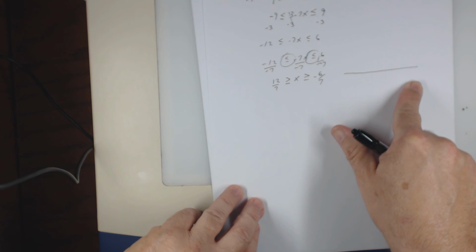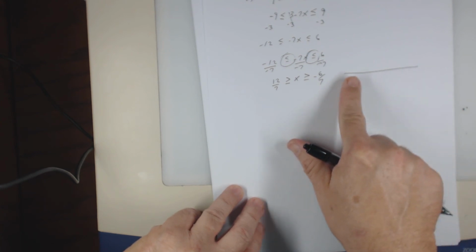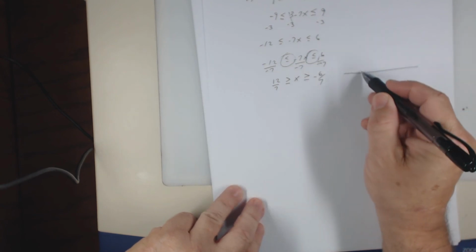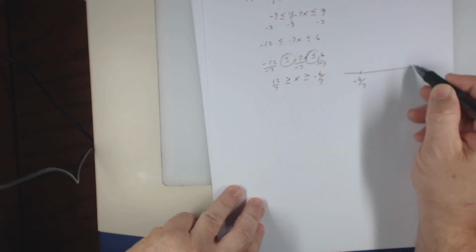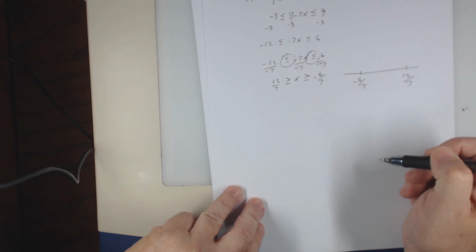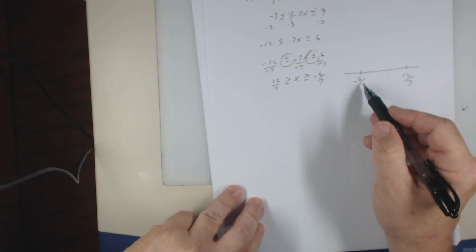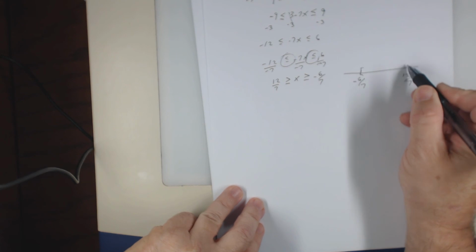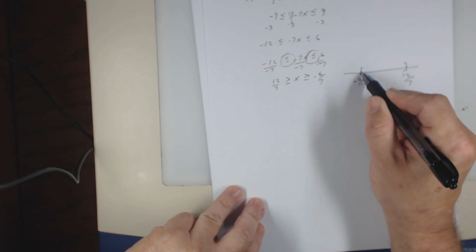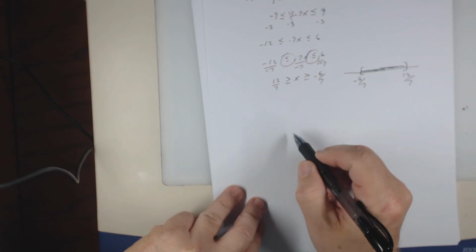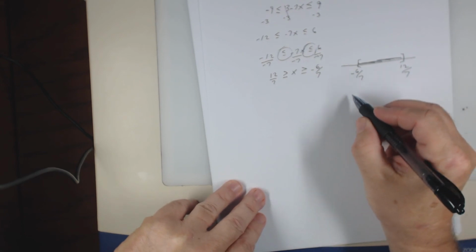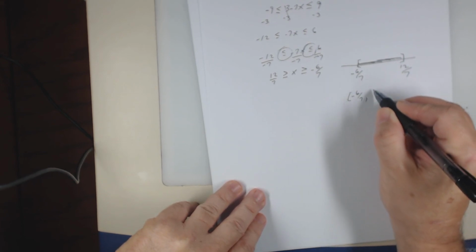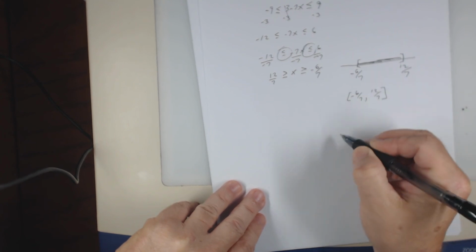Is that correct? No. You're going to go from smallest to what? Largest. So what should be listed first? Negative 6/7 and then what? 12/7. And then at negative 6/7, what do I use? Bracket, at 12/7 a bracket, and then shade in. So in interval notation, you're going to say bracket negative 6/7 to 12/7 with a bracket.